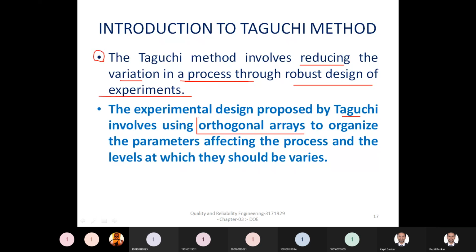With the help of these orthogonal arrays, you can organize the parameters affecting the process and the levels at which they should vary. So with the help of an orthogonal array, you can create your Taguchi design.